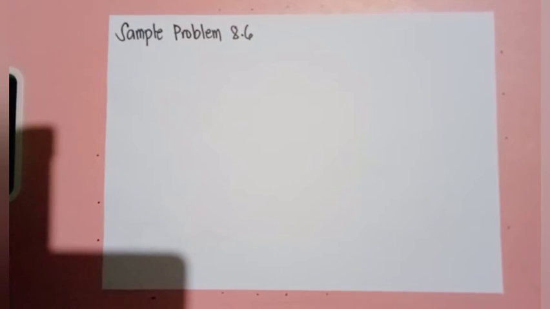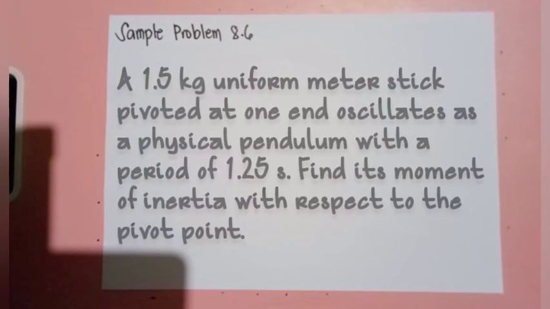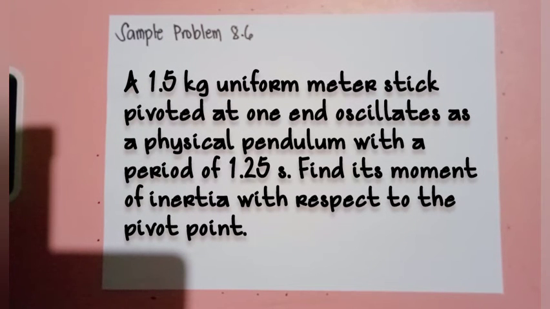So next is sample problem 8.6. Here we have a 1.5 kilogram uniform meter stick pivoted at one end, oscillates as a physical pendulum with a period of 1.25 seconds. Find its moment of inertia with respect to the pivot point.